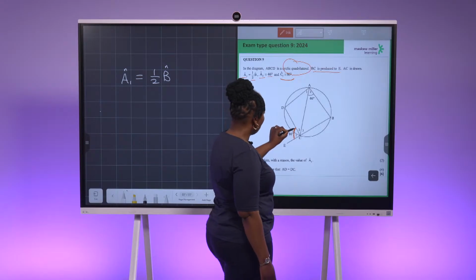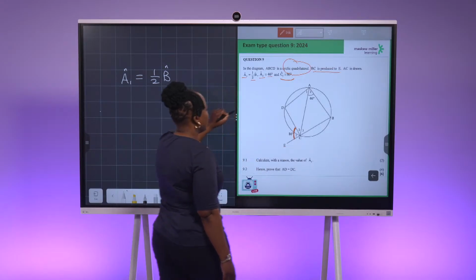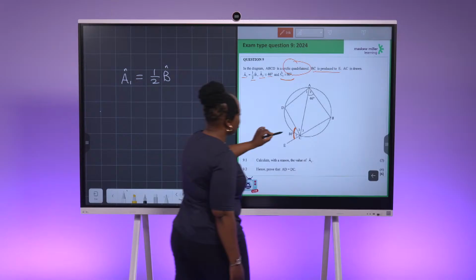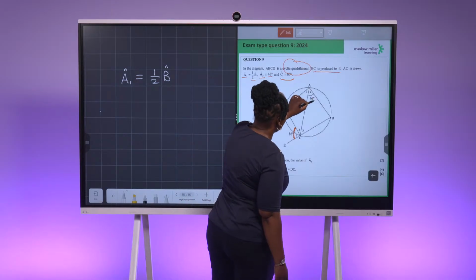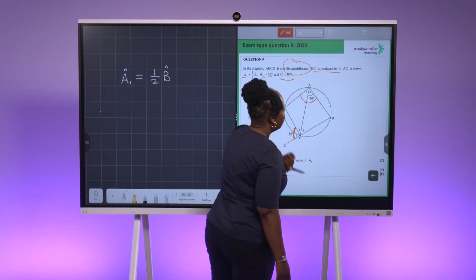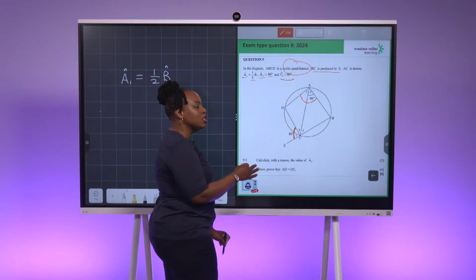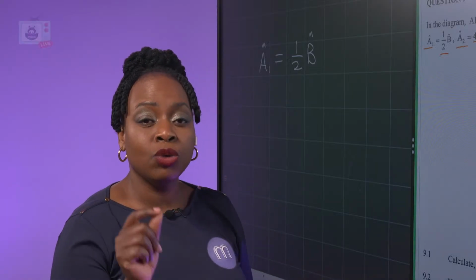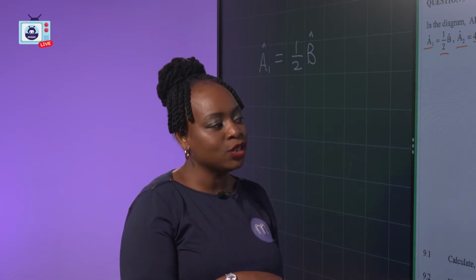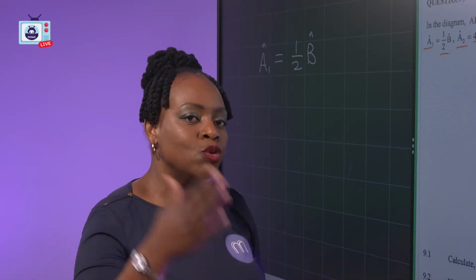So this will be equal to the opposite interior angle right there. So exterior angle of a cyclic quad equals the opposite interior angle. Mind you, when they ask you this question, they would have asked you to prove one of the cyclic quadrilateral theorems. So every time they ask you that question, just put it at the back of your mind and you know that you will have to use it going forward.